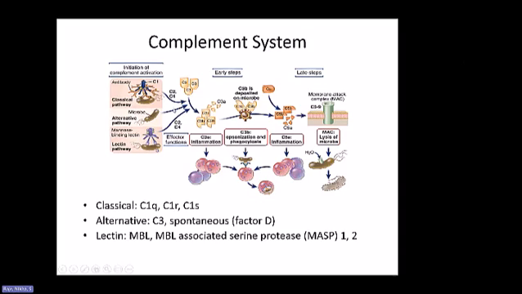Those come together to form C3 convertase, and then that C3 convertase cleaves C3 to C3a, C3b, and then leads to the further cascade. The lectin pathway needs MBL, mannose binding lectin. Mannose binding lectin is associated with MASP1 and MASP2, so MBL associated serine proteases, and those together help in activation and cleavage of C3 to C3a, C3b.